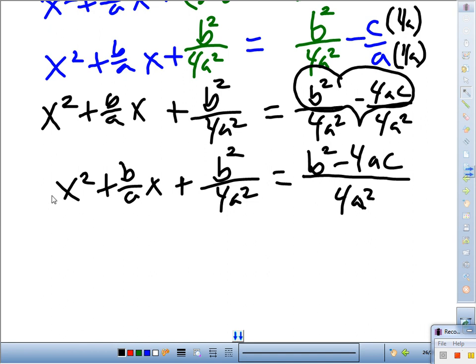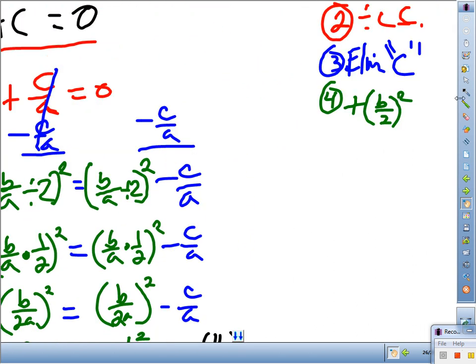Look at it. We need to factor this. Let people think, please. How do we factor this trinomial? See if you can do that step by yourself. Go. Step 5, factor.